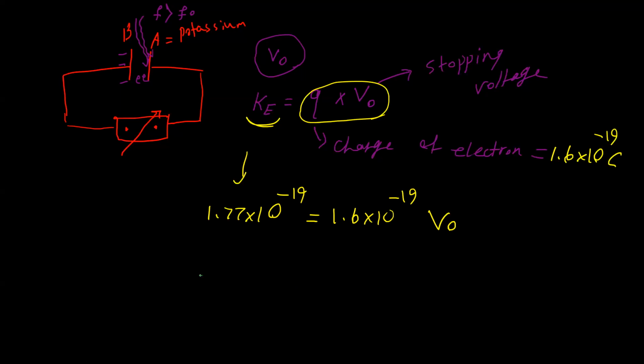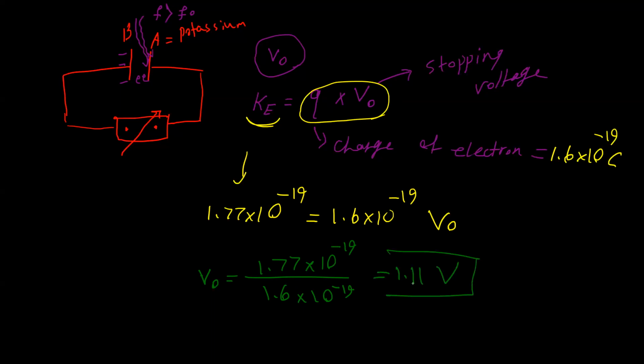As a result, V naught equals 1.77 times 10 to the power minus 19 divided by 1.6 times 10 to the power minus 19. That is equal to 1.11 volt. So if you apply this voltage, 1.11 volt, negative voltage to plate B, it can stop electrons that are ejected from plate A.